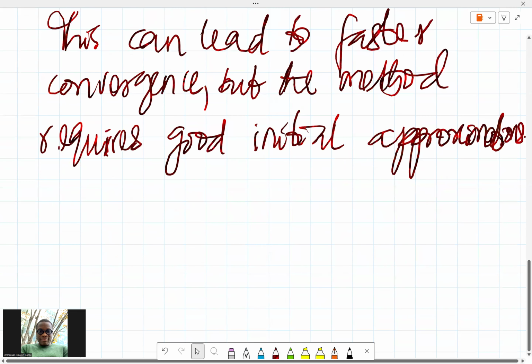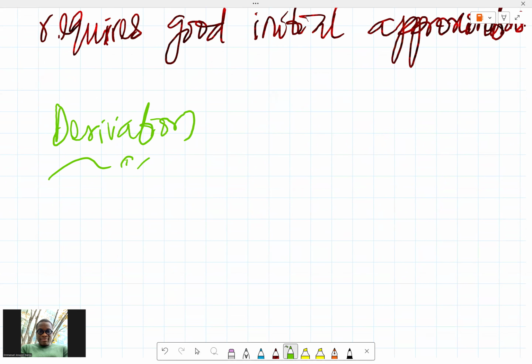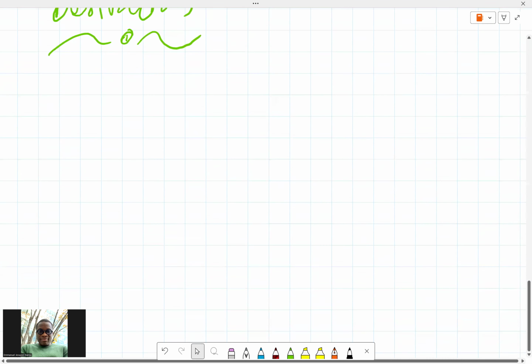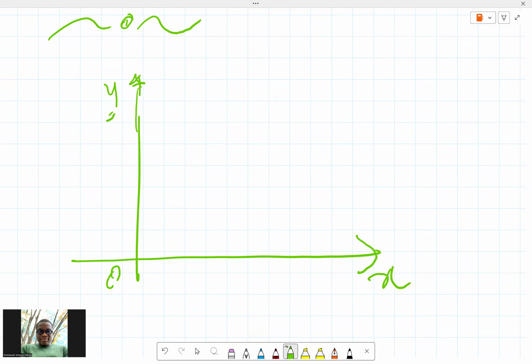So that said, can we look at the derivation? How do we derive the secant method? It's a very beautiful process. Imagine you have a graph like this. You have the x-axis there, you have the y-axis here. This is the origin.